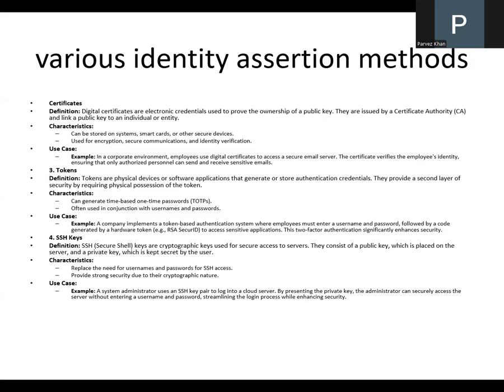I have to look at the token number, which appears and stays for one minute. I use that number in combination with the username and password, and that allows me access. A use case is a company implementing token-based authentication where the employee must enter username and password and a hardware RSA code. This will allow you access.